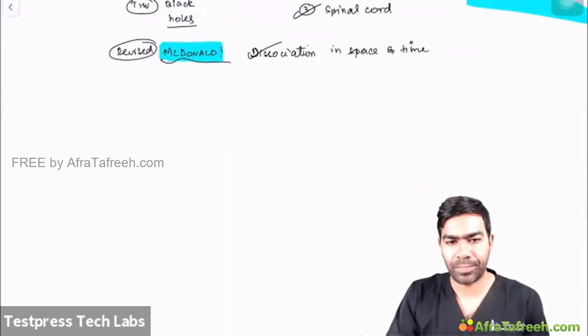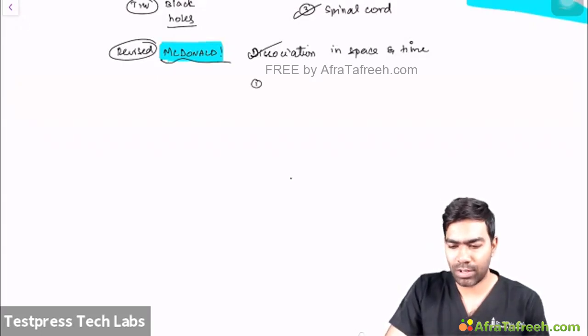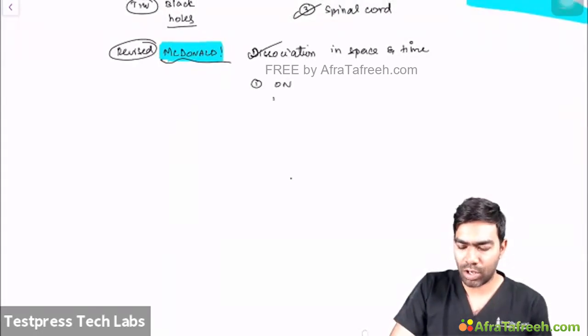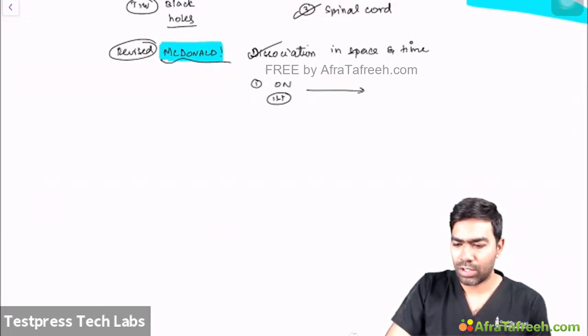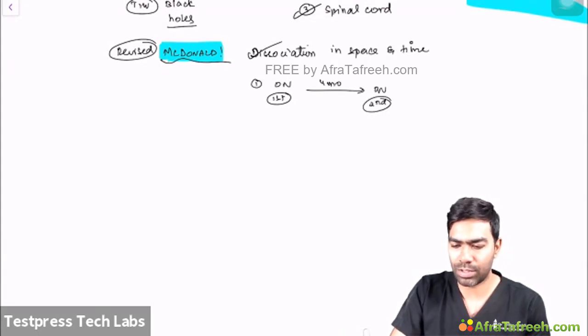So first, let me tell case number one, where you get optic neuritis, the first attack. Then maybe after 4 months, the patient got another attack of optic neuritis. This is the second attack after 4 months.